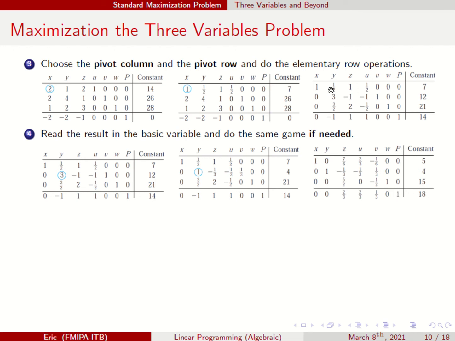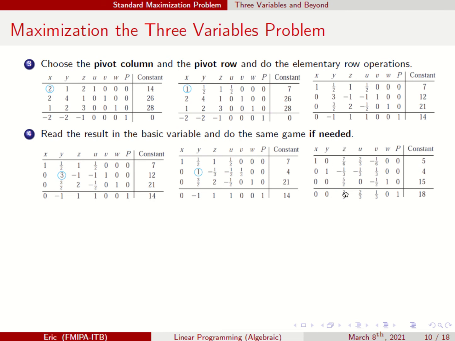What about the other one? x is 7, y non-basic variable 0, z non-basic variable 0, and the profit is 14. So x equals 7, y 0, z 0 will give a profit of 14. Can I increase more? And the answer is no. Why?